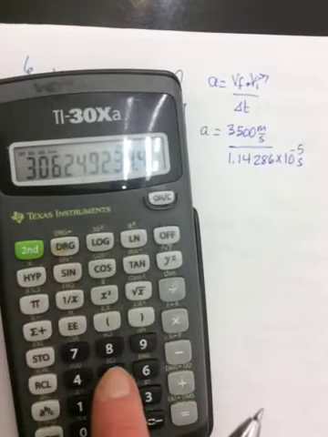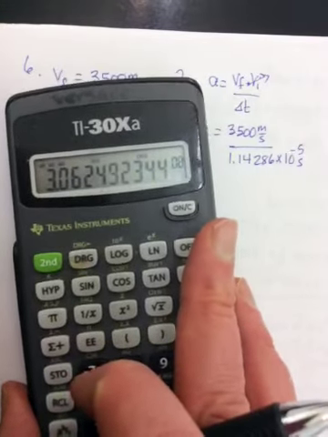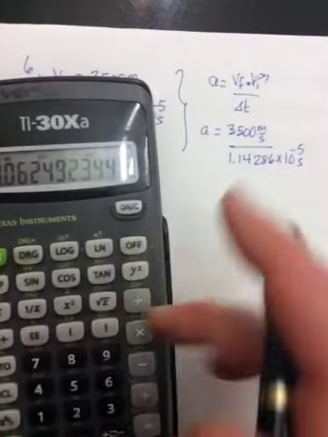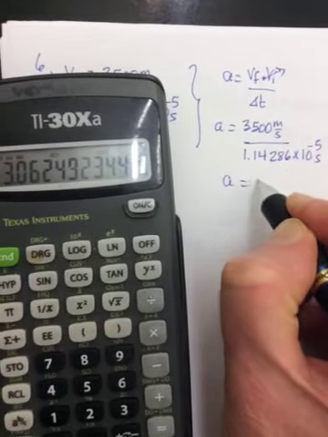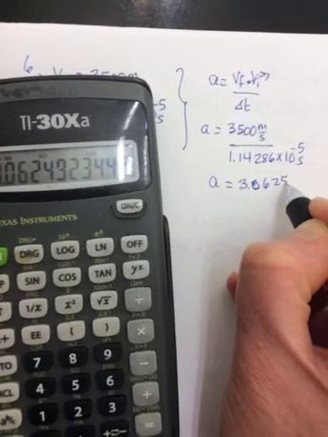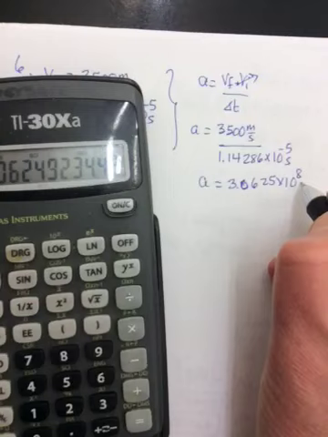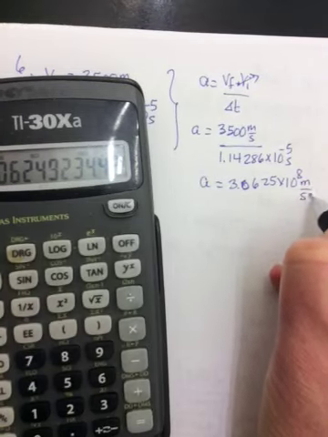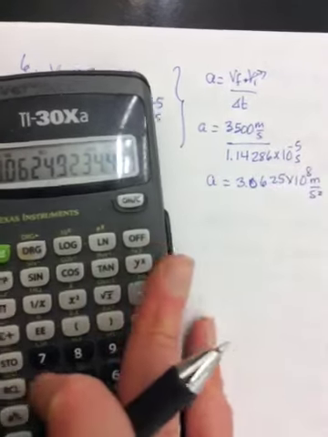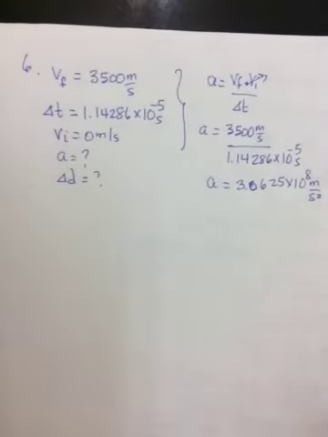Second function, I'm going to put it in scientific notation. 3.0625 times 10 to the 8th. A is equal to 3.0625 times 10 to the 8th, and it's going to be meters per second squared. Meters per second divided by seconds is meters per second squared. Okay, so that's my acceleration.